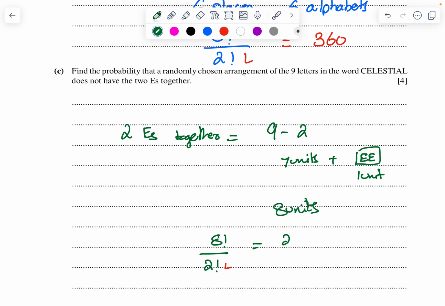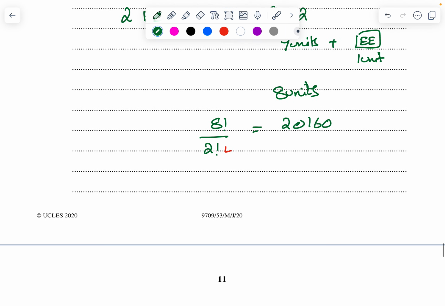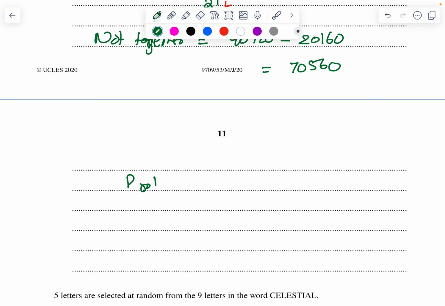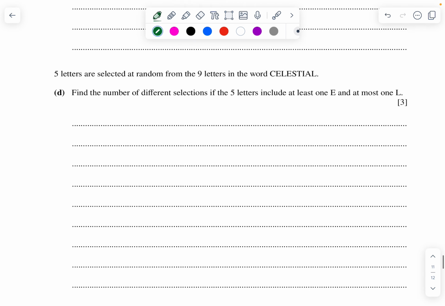That's going to be 20,160. So not together will be the total, 90,720, minus 20,160, which is 70,560. But remember, he's asking probability, which is 70,560 divided by 90,720, which is 0.778.